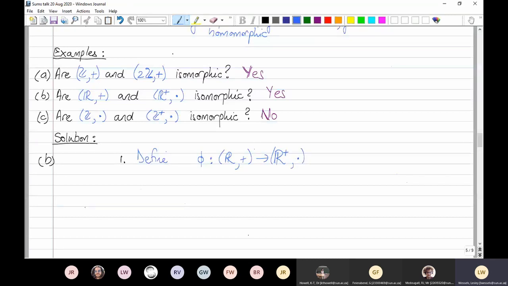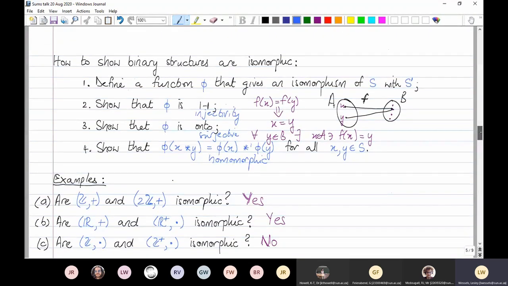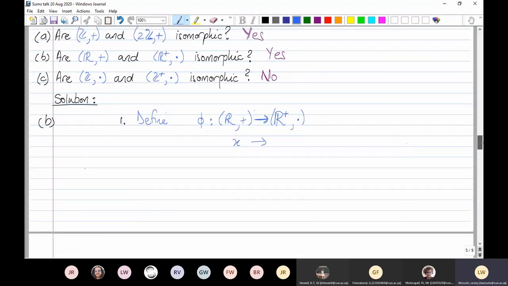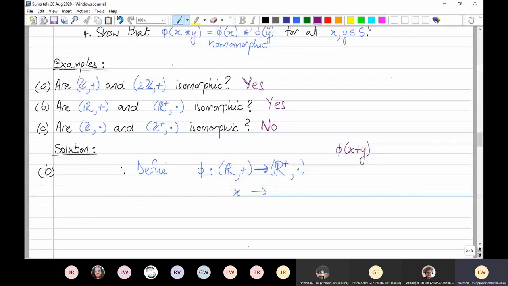Okay, so to get an idea of what we would map it to, if I take an x in my set A, remember, in this case, we want the homomorphic property to be true. So what function do you think will have the following property? Because now I'm working under addition.